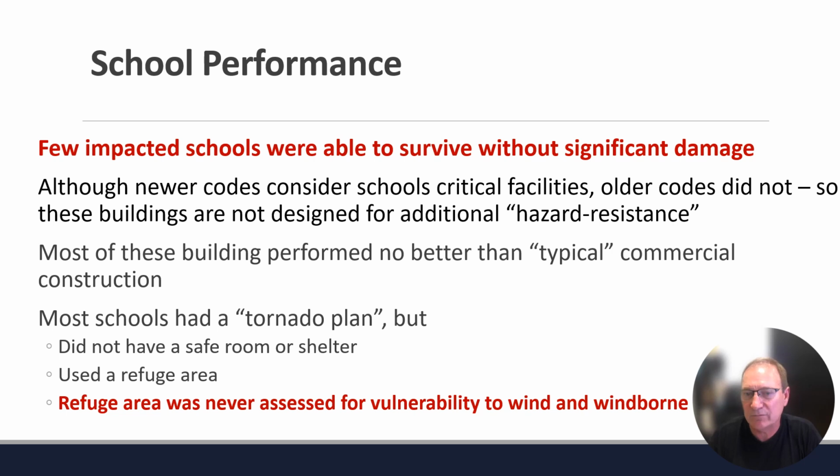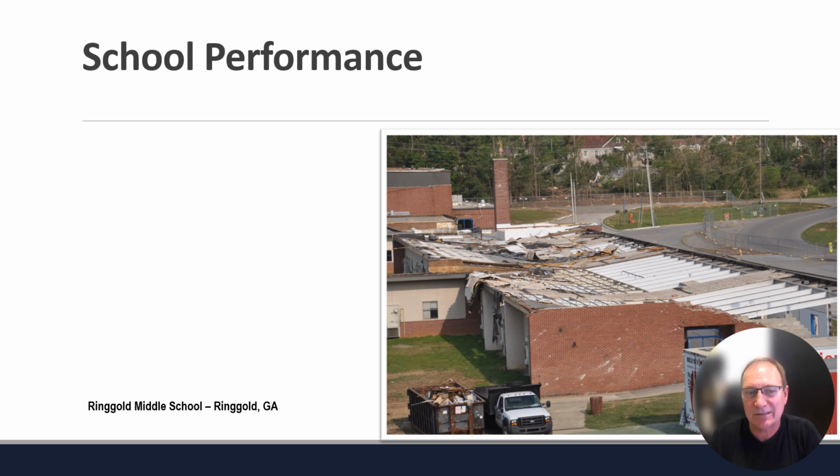Certainly, none of the schools, at least the schools that I saw, had a safe room. What their typical safety plan called for was to move to a hallway. I'll show you in just a minute that wouldn't have necessarily made a lot of difference.